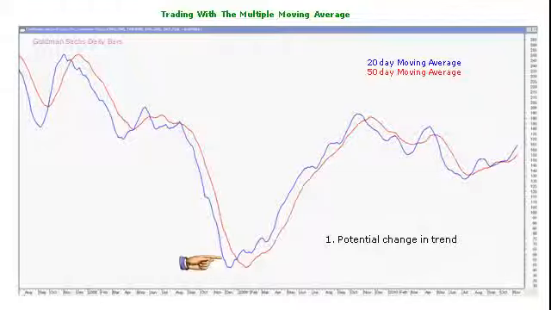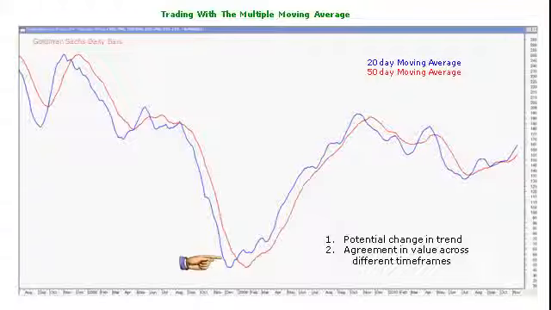The other thing about a crossover is that it's an agreement in value across different time frames. This is very important because the stock market, or any market at all, is always in a state of chaos. Any market is an agreement on price but a disagreement in value. If that wasn't the case, there'd be no market, because why would you buy something that's fairly valued and why would somebody sell you the same thing?